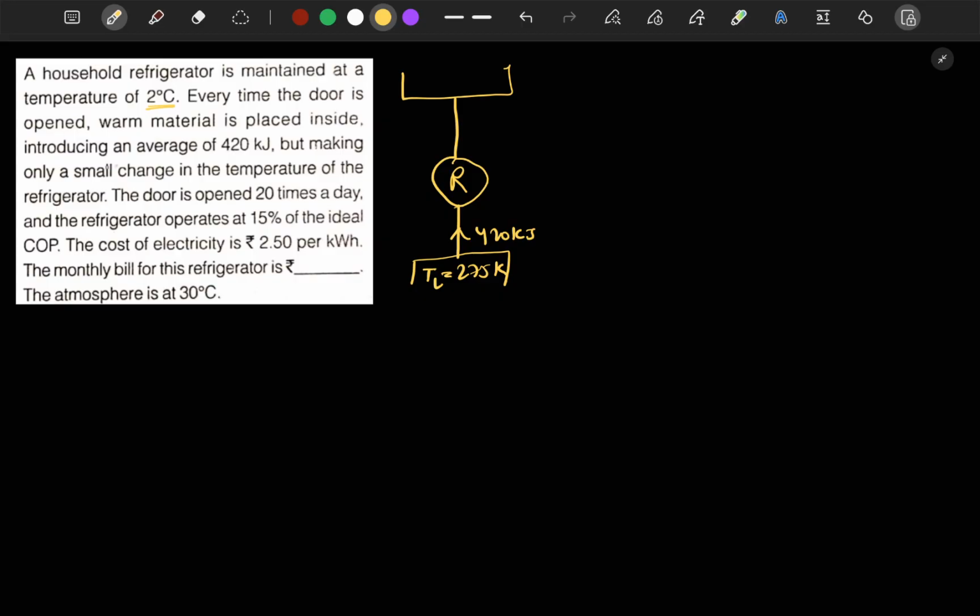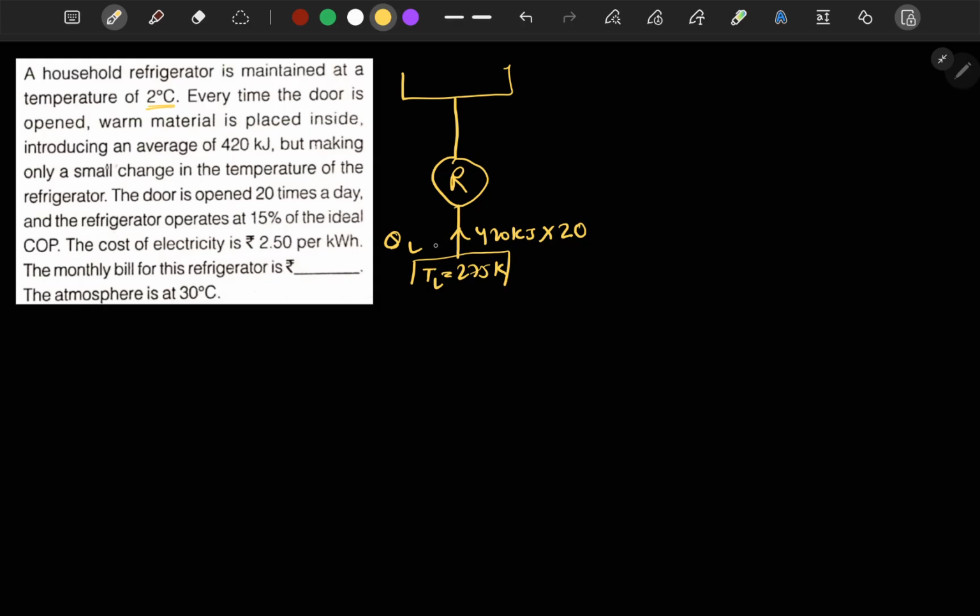The door is opened 20 times a day. Let's say this is QL.